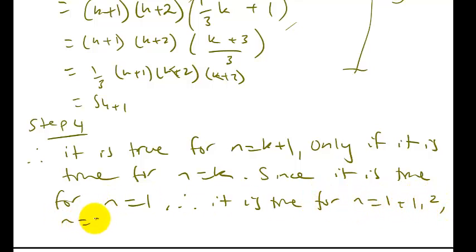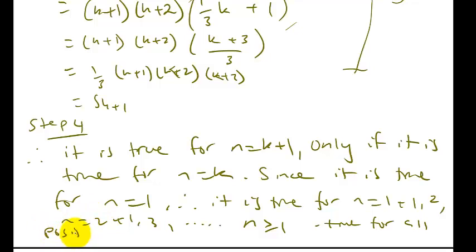N equals 2 plus 1, which is 3, and so on. So n is greater or equal to 1. True for all positive integers, and by mathematical induction. That's it.